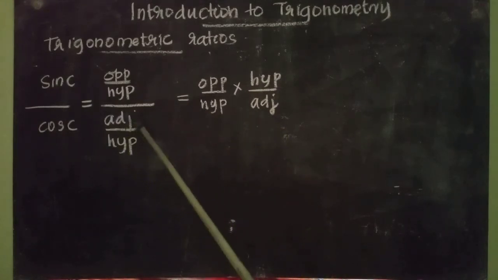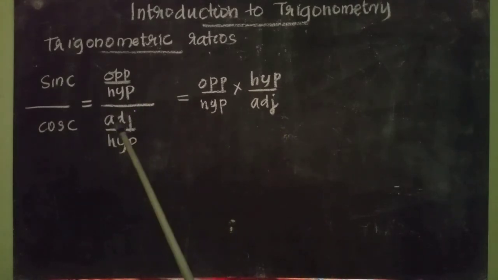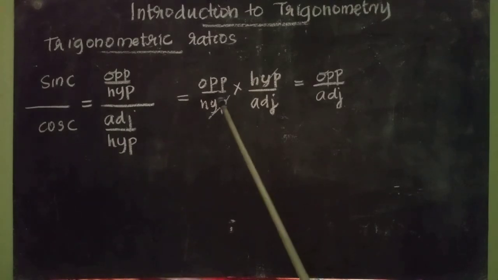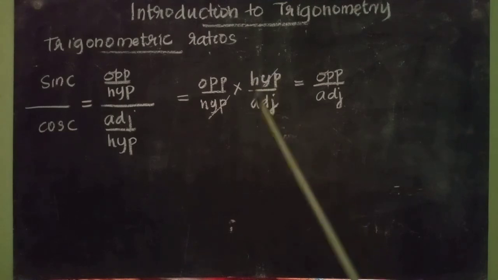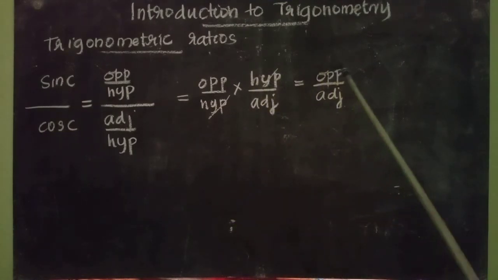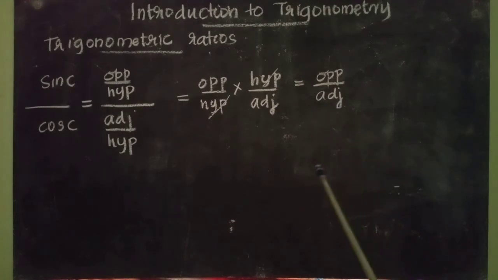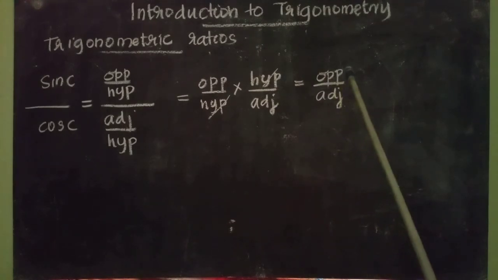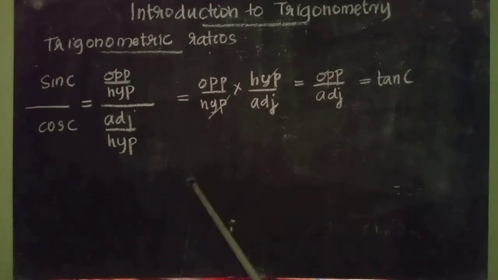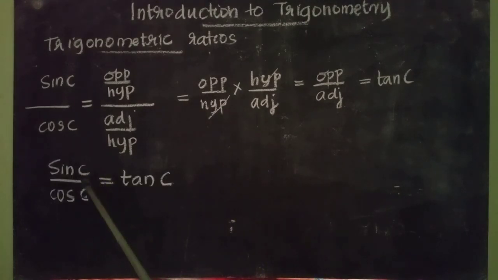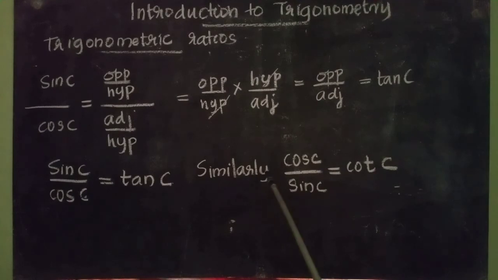We have multiplied with the reciprocal of the denominator. So from here hypotenuse and hypotenuse we can cancel. We get opposite side by adjacent side. Which ratio is opposite side by adjacent side? It is tan C. So we got another result in trigonometry. It is sin C divided by cos C equal to tan C. Similarly, we can write cos C divided by sin C equal to cot C.